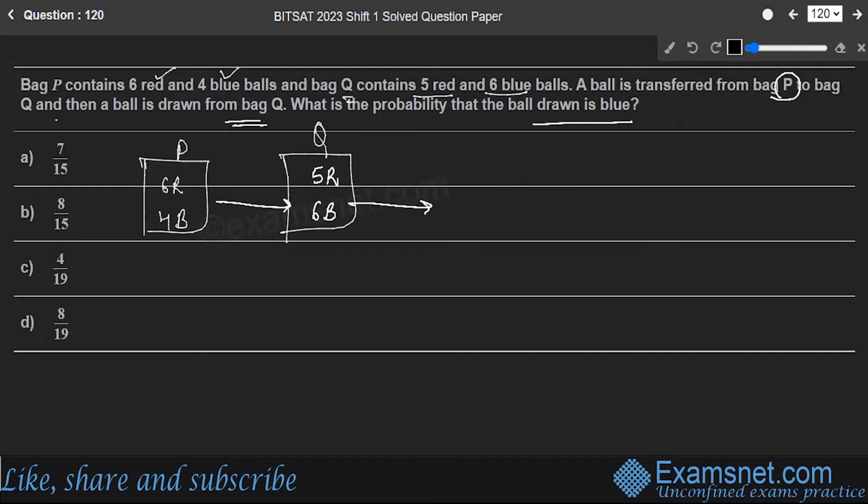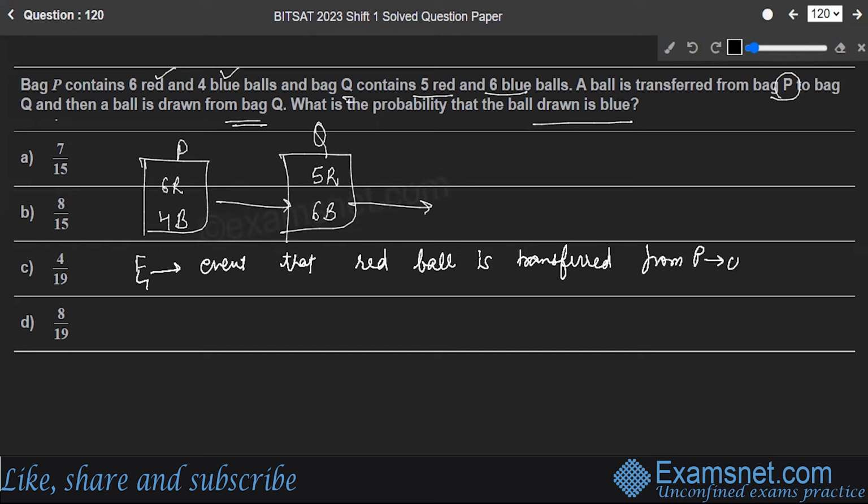Okay, so let's say there are many events. First of all, let's say E1 represents the event that a red ball is transferred from P to Q. In this case, the probability of event E1 to happen, because I have 6 red balls out of 4 plus 6, that is 10, gives me 3 by 5.